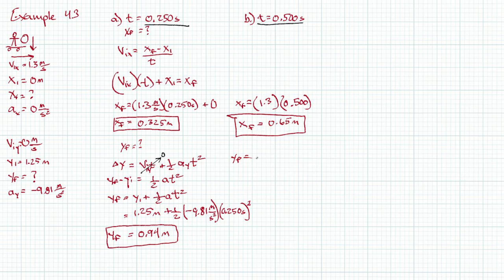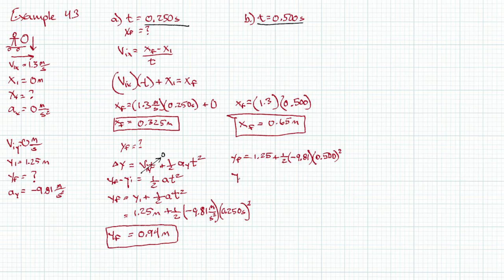So our initial y position is 1.25 meters, leaving the units out for now, plus 1/2 times acceleration, which is negative 9.81, times time, which is now 1/2 a second, squared: 0.500 squared. Exact same equation, just a different time.